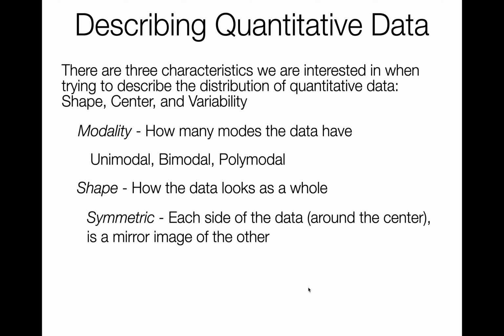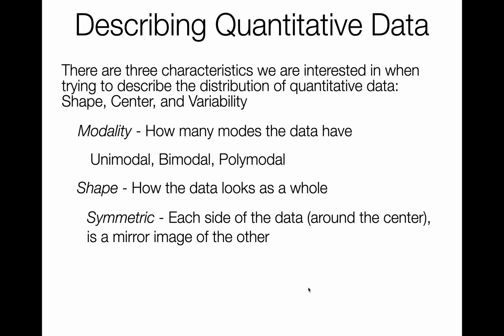What we want in this course, later on, we'll find that being symmetric helps us, but some variables may be symmetric. Symmetric means each side of the data around the center is a mirror image of the other. If you cut the plot in half and fold one side over onto the other, they'll look the same.